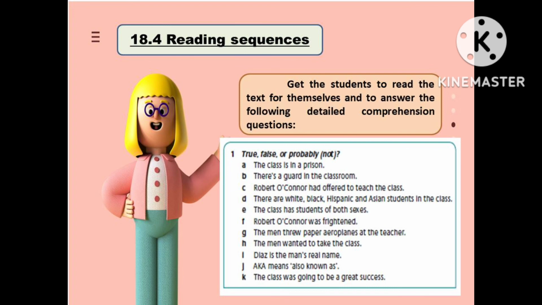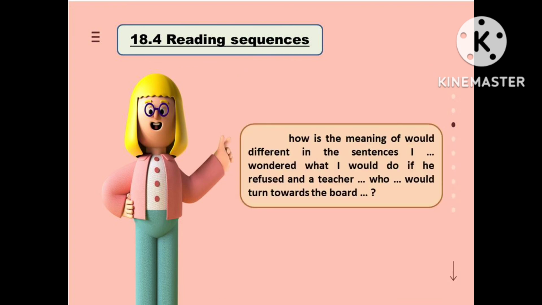Then before moving on to work with the content of the text, it is a good idea to take advantage of the language in it to study some aspects that are of interest. For example, how is the meaning of would different in the sentences: I wondered what Y would do if he refused, and a teacher who would turn towards the board.